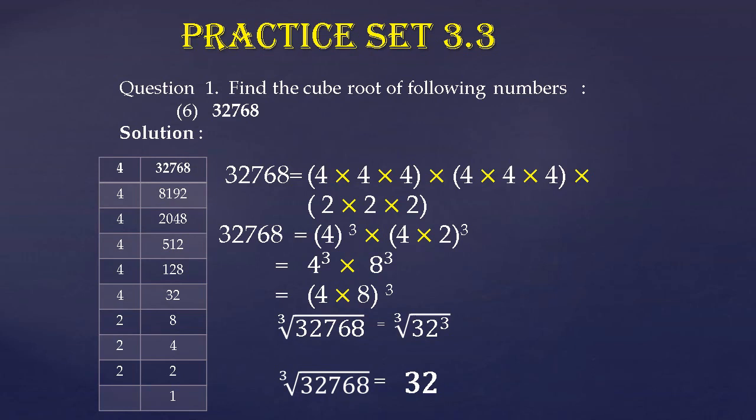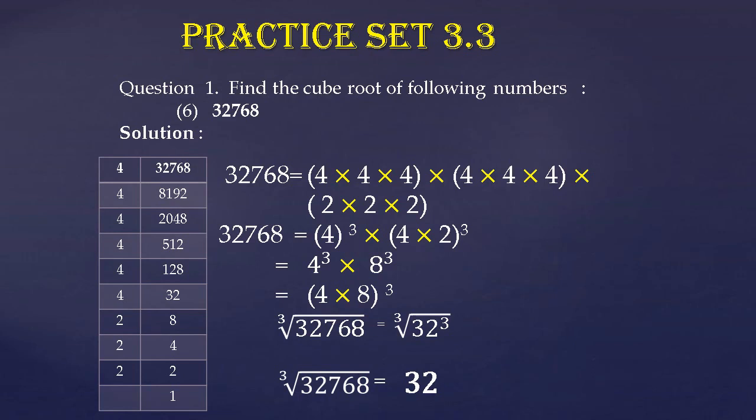In the same manner, we will continue factorization. Then we get 32,768 is equal to 4 cube into 4 into 2 whole cube, which is equal to 4 cube into 8 cube, which is equal to (4 into 8) whole cube.